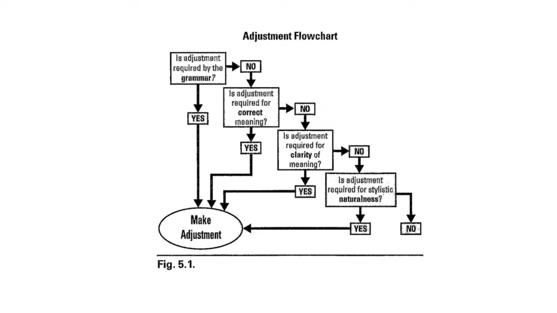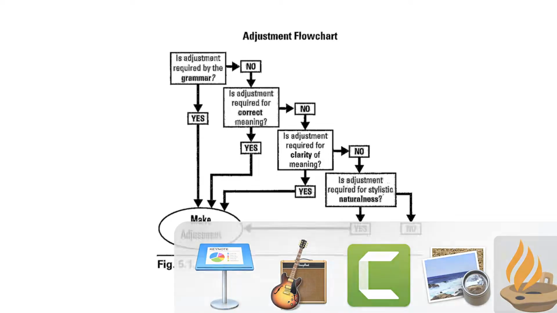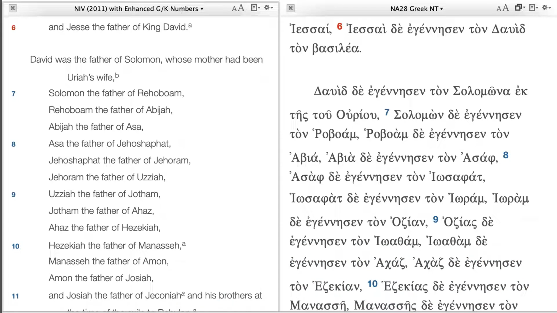So in his discussion of how we add things or take away things, or how we make adjustments based on what is required, the example he gives is from Matthew 1:6, where some versions, not the one I have, interestingly, but some versions of the New American Standard Bible add Bathsheba's name into Matthew 1:6.